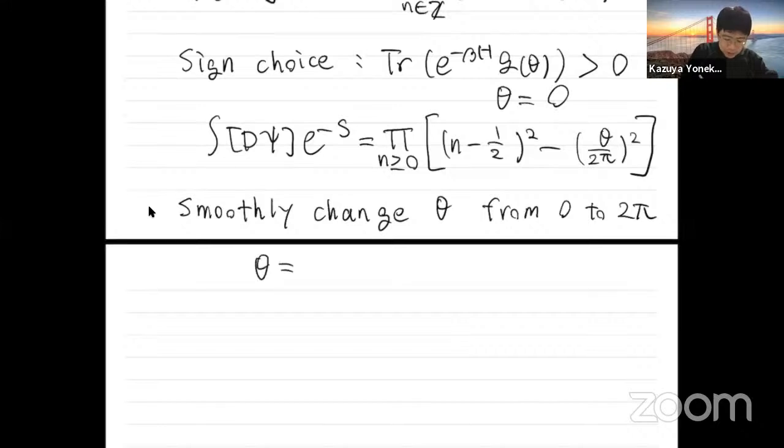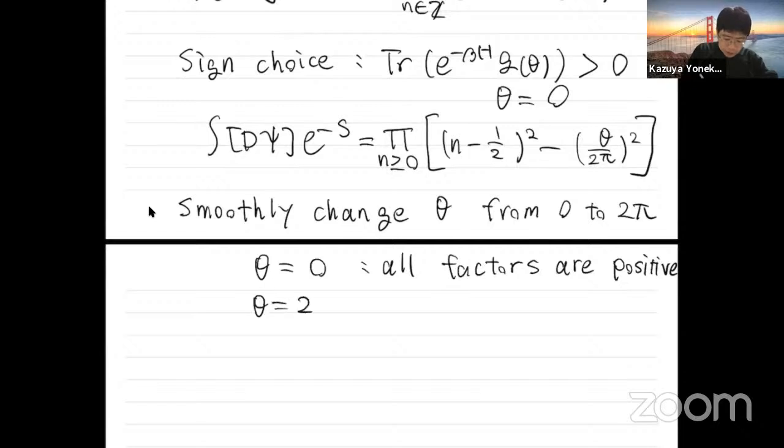Then at theta equals 0, all the factors are positive. So I just required this condition.